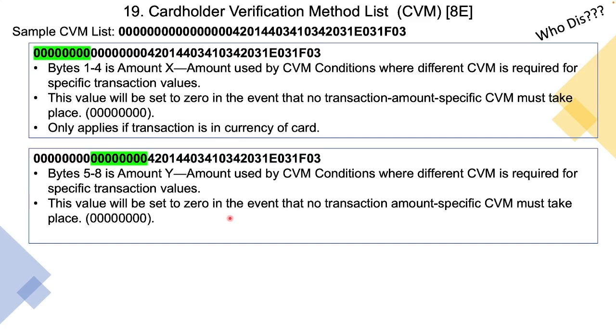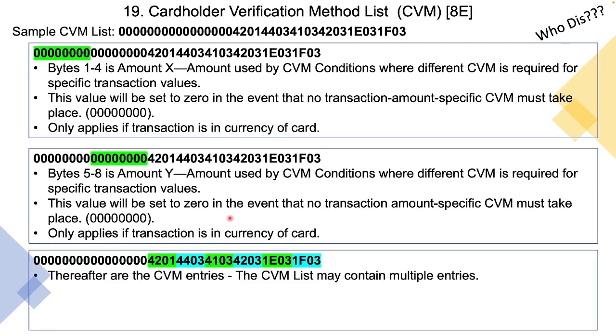If you're not planning to set any different value-based CVM restrictions, just leave it all as zeros, and then your CVMs will apply generically across all transactions regardless of the values. Similar to amount X, it only applies if the transaction is in the currency of the card.